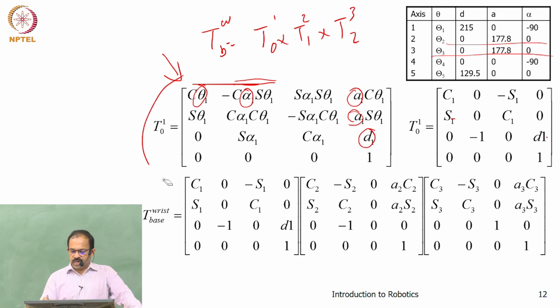It gives the position of the wrist with respect to the base, and the orientation of the wrist frame with respect to the base.